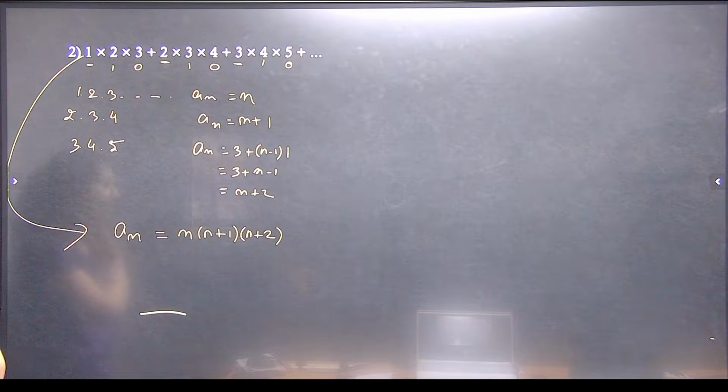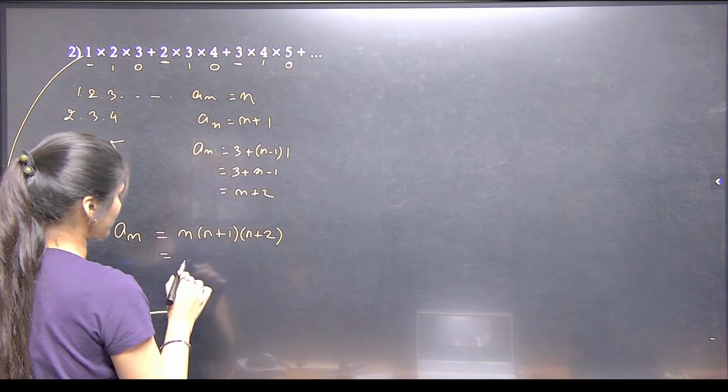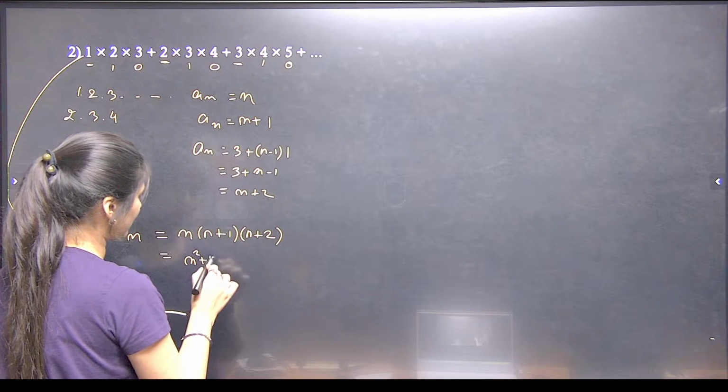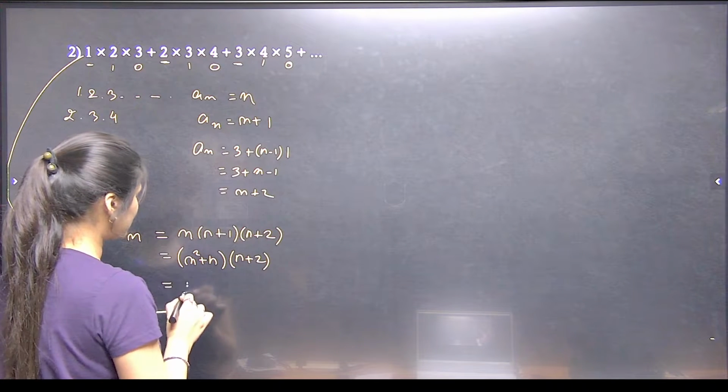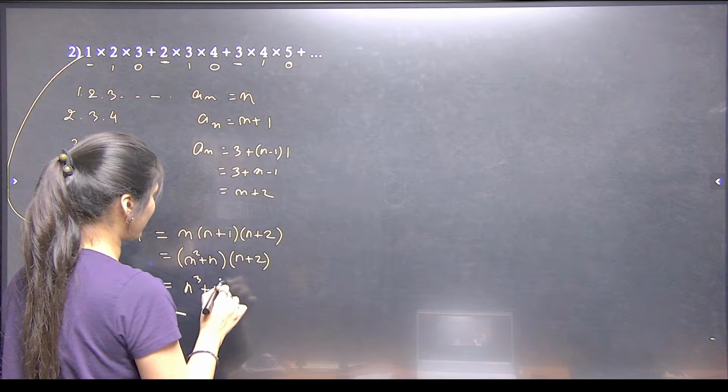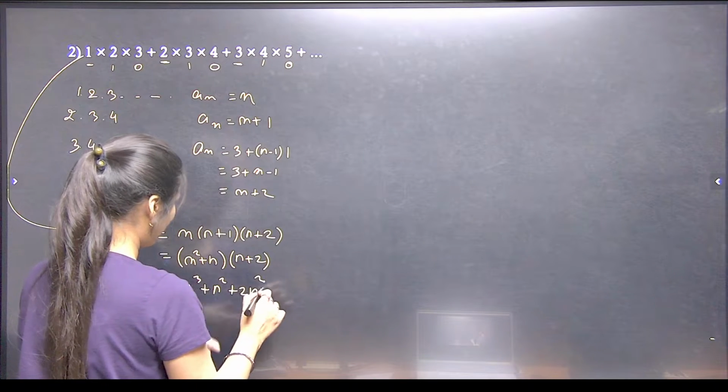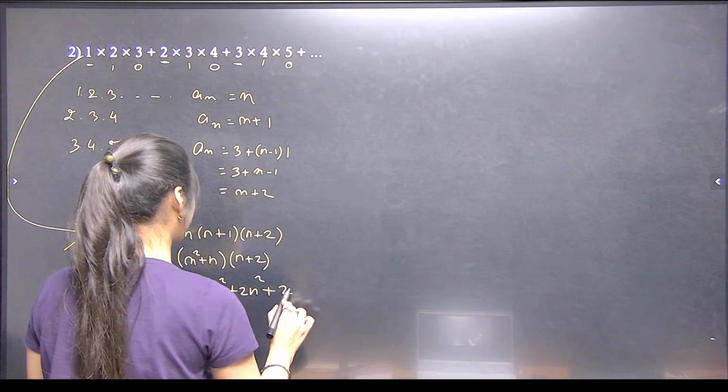Now what we can do here is multiply it. So it is n square plus n, times n plus 2. So it is n cube plus n square plus 2n square plus 2n.